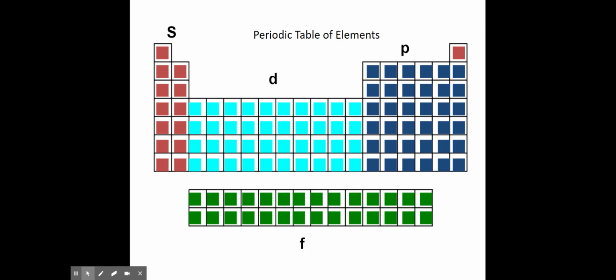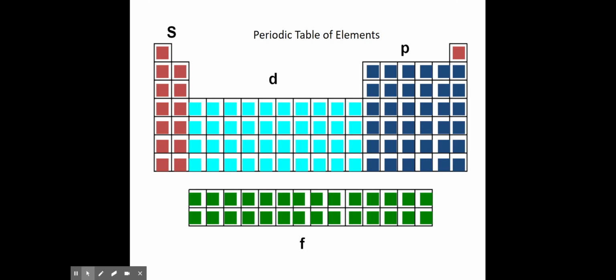They represent the S subshell. The block of 6 dark blue on the right are the P subshell. The 10 columns in the middle are the D subshell. The 14 columns dangling underneath the main periodic table are from the F subshell.